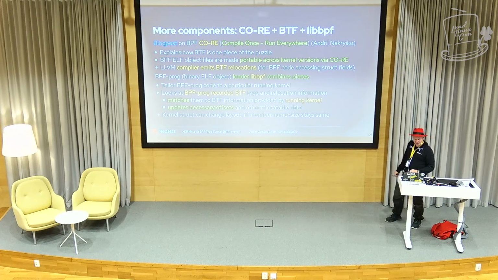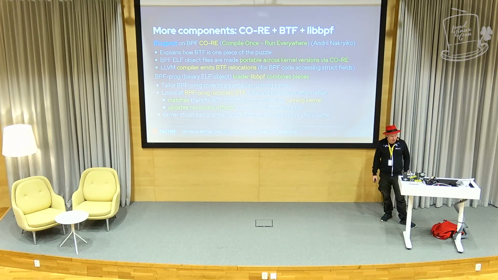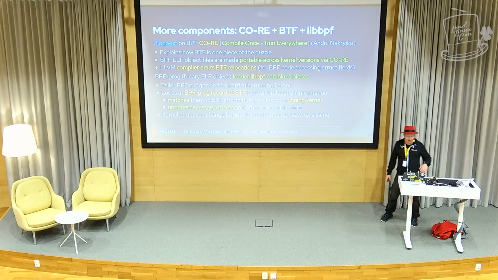Andrii created a really good blog post where he explains all the bits of the puzzle. The basic idea is that we want these BPF ELF object files to be portable across different kernels. So if a struct layout changes, we can still run the same program. We will just adapt the offsets the BPF program uses to get the right member in a struct.